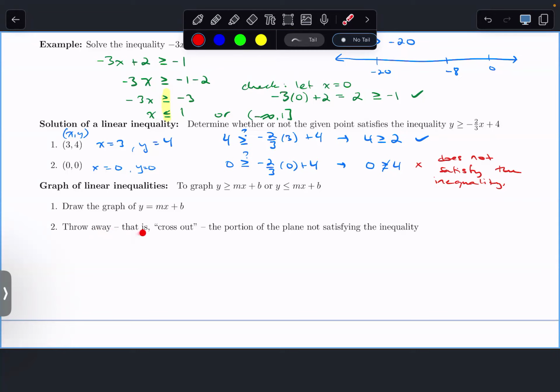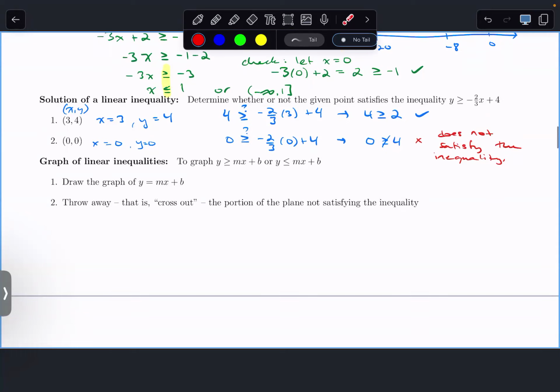However, a lot of software, like Desmos, highlights the area that does satisfy the inequality. In the assignment, they want you to highlight the area that it does satisfy. For us, I'm kind of open to either, as long as you tell me which one you're using.